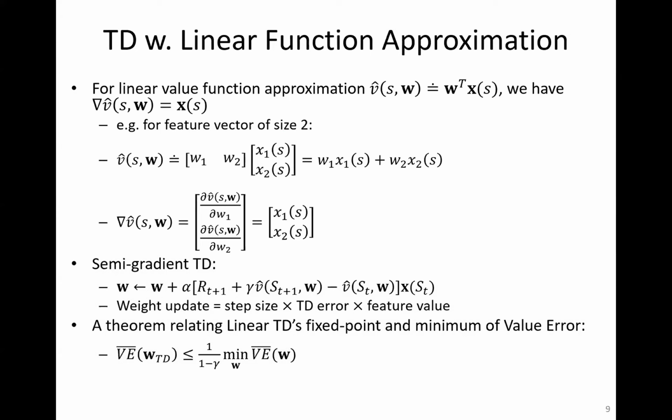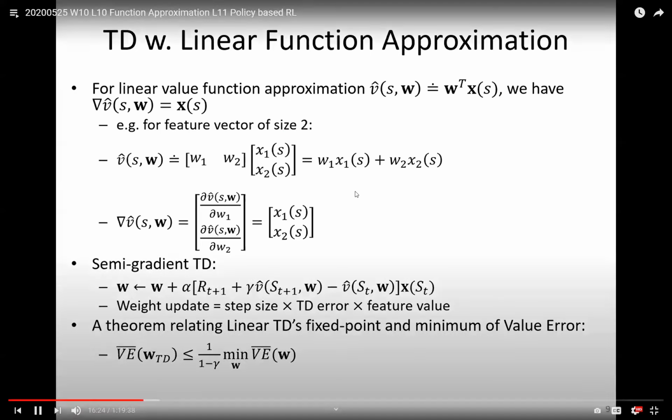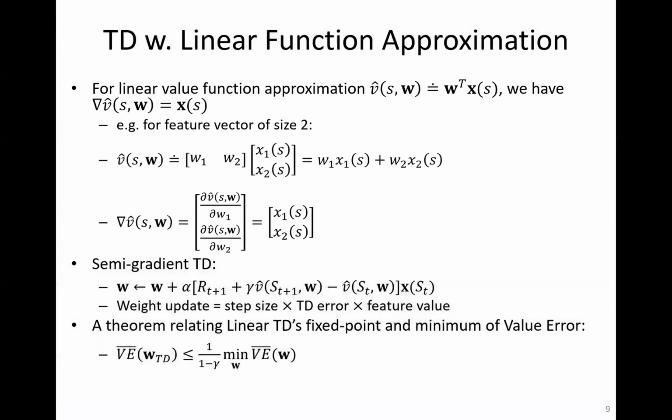If gamma is very small, you have a very short nearsighted view, then the value error of TD can be very close to the true minimum.